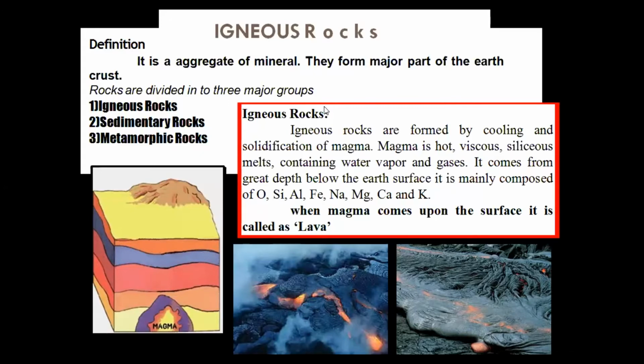If we consider the elements, normally oxygen, silica, iron, alumina, soda, magnesium, calcium, and potassium. These are some of the common elements, and these rocks are formed by different combinations of them.